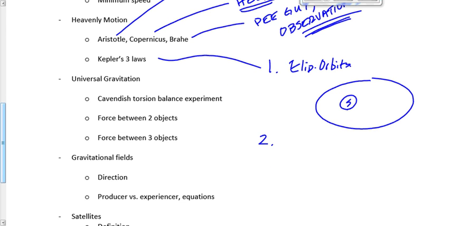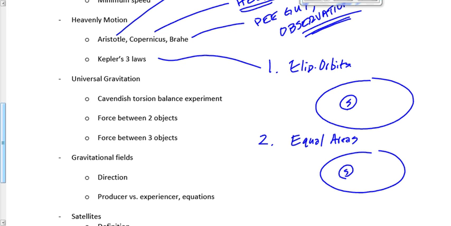The second law was called the law of equal areas. If we draw a line joining the sun to the Earth, it's going to sweep out a certain area in a certain time that we're going to call T1.